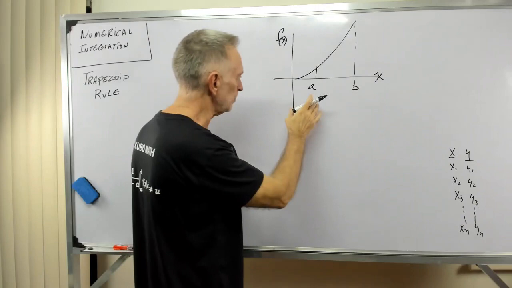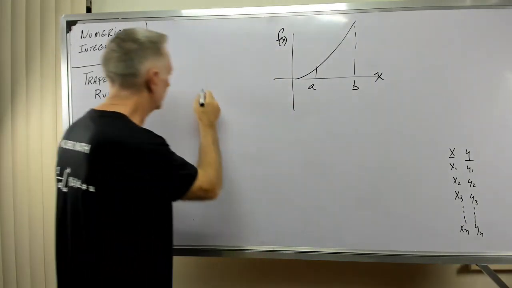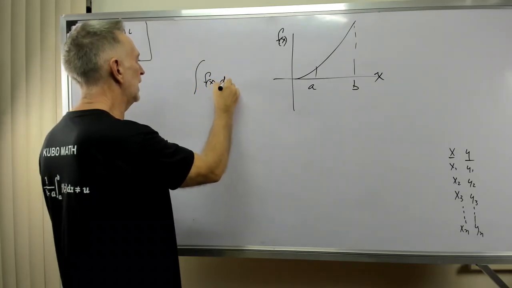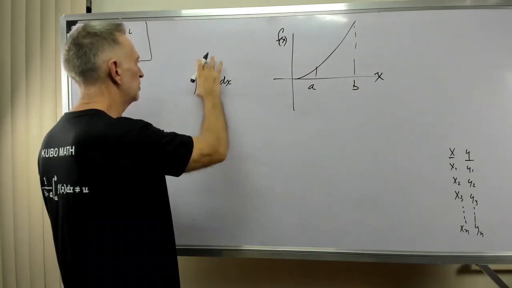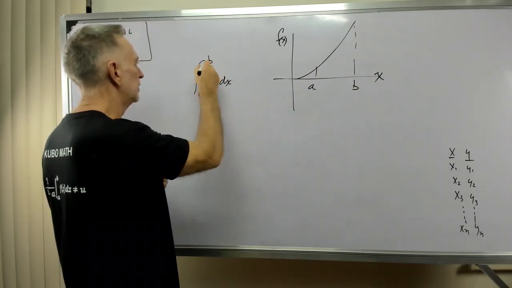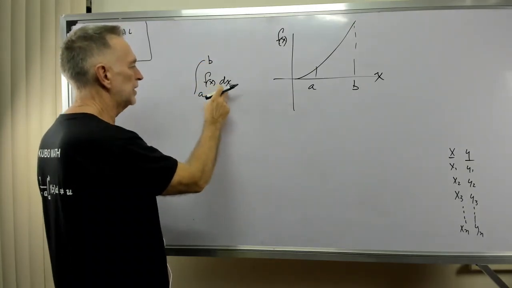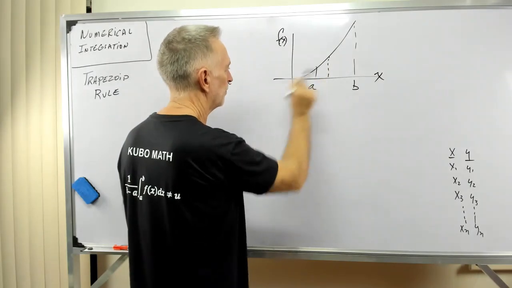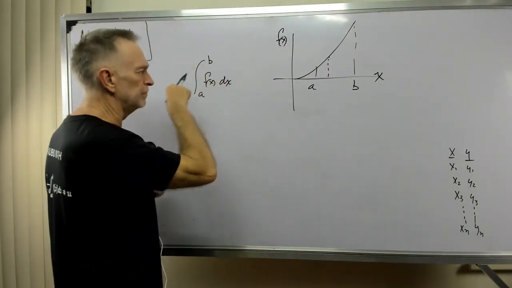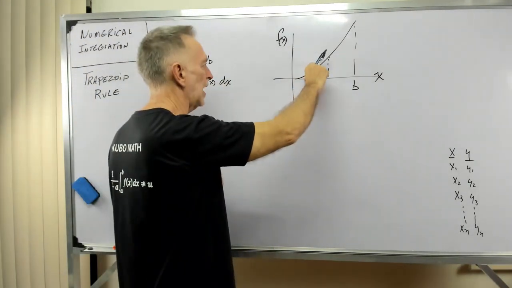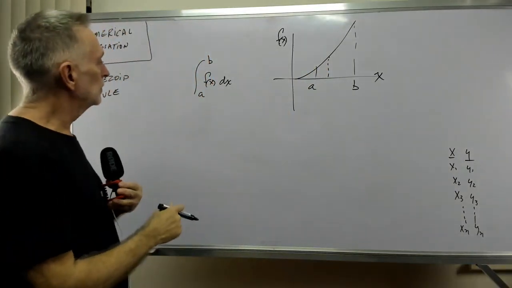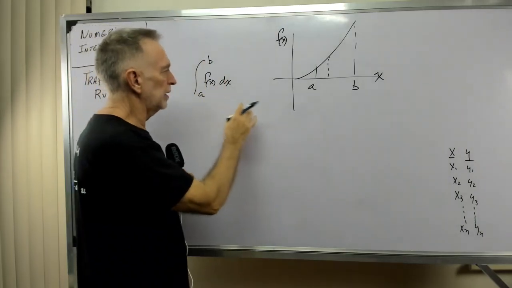If you think about an integral of f of x dx from some limits a to b, remember, delta x is some width. F of x is just the height of the function at some point, and we're evaluating this from a to b.